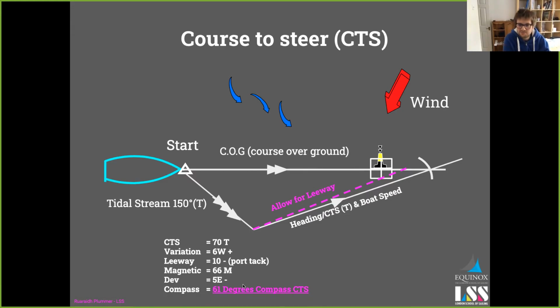On an estimated position, port leeway is plus. On a course to steer, port is minus. Otherwise it would be too easy. So if you're on an estimated position and on a port tack, you plus the leeway, and if I'm on starboard tack on an EP, I subtract, and then they swap over and reverse for a course to steer.